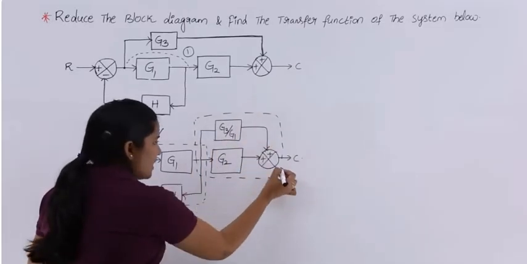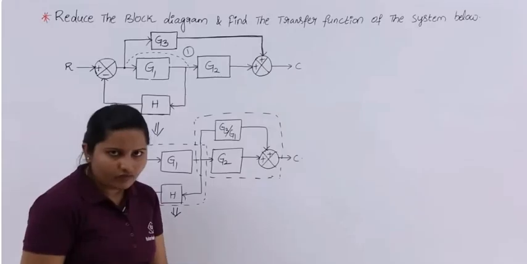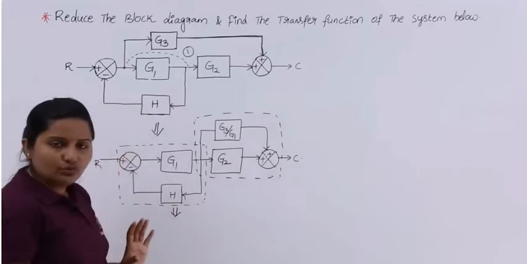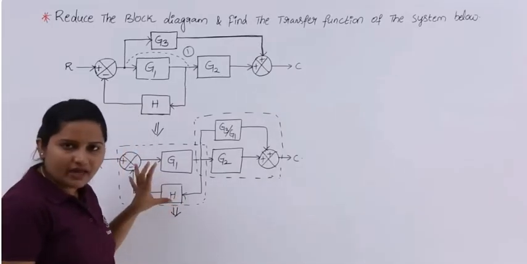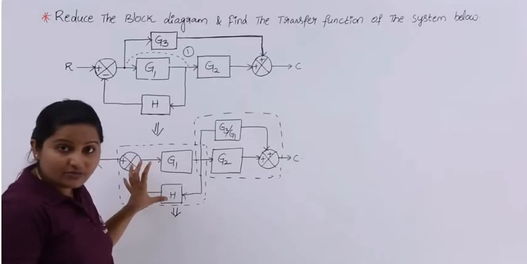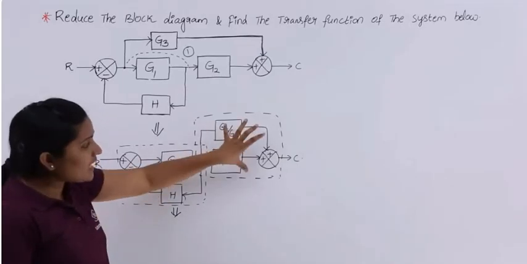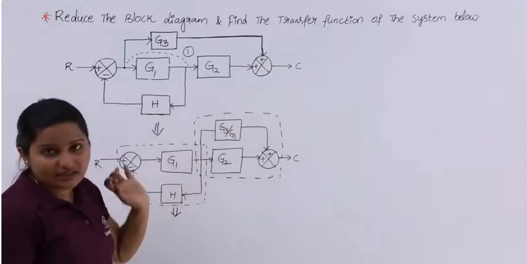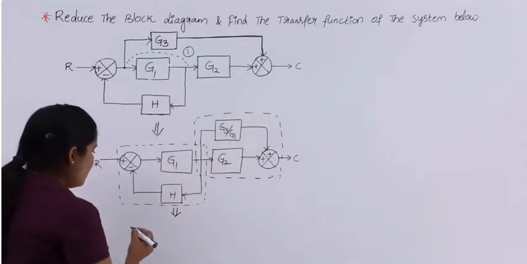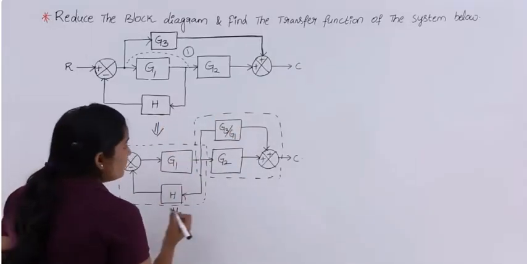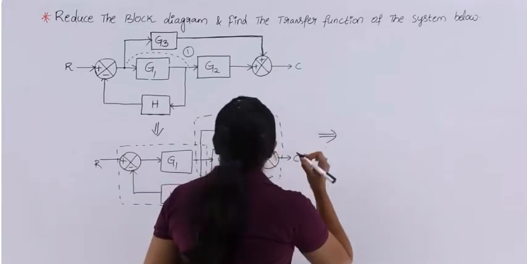So in the next step I want to do two things. One is I want to simplify my feedback path, I want to reduce my feedback path, as well as I want to reduce these parallel gains. So my resultant diagram will be like this.